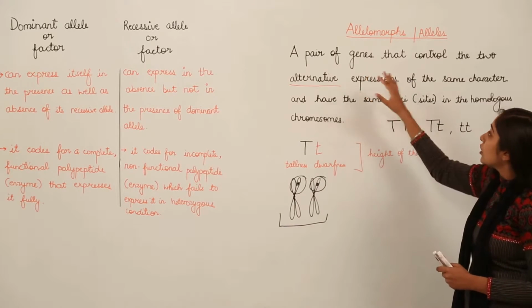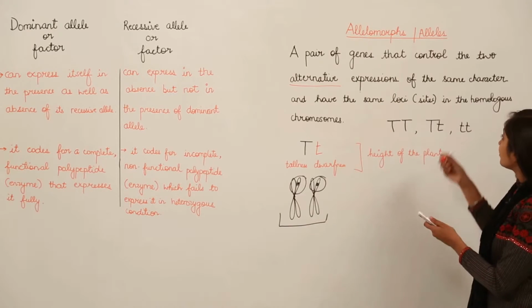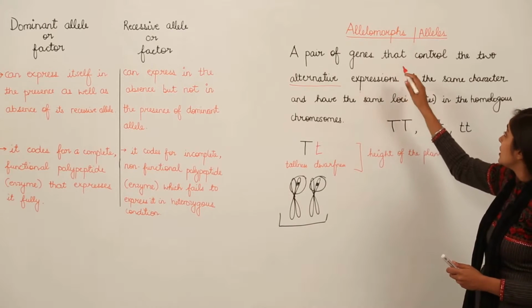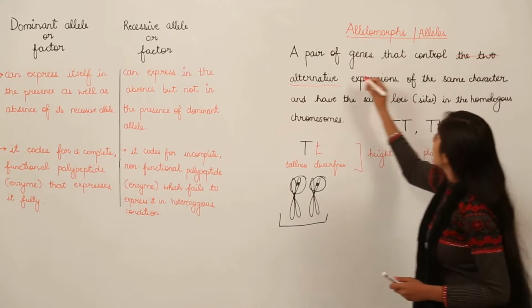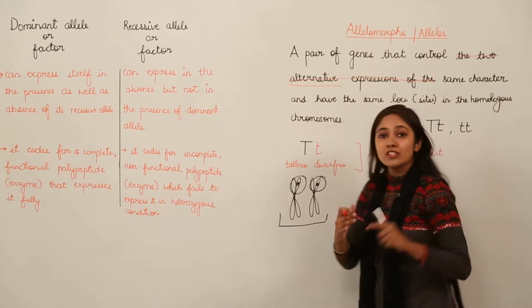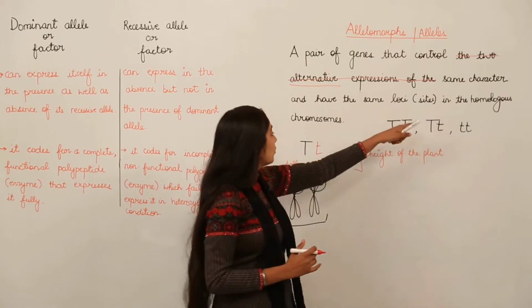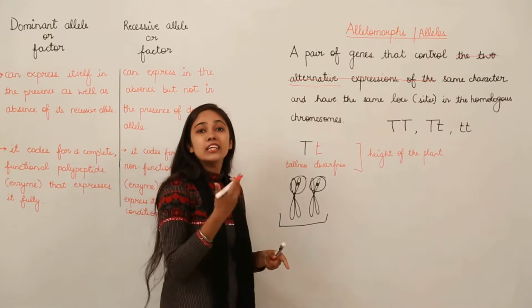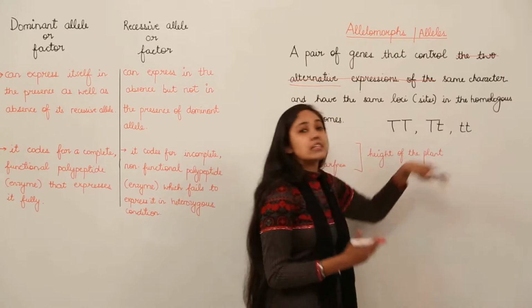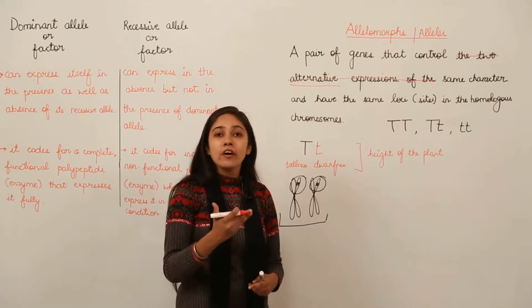Okay, so a pair of genes that control the two alternative expressions is not there. The pair of genes that control, you can say, the same character and have same loci in the homologous chromosomes are known as allelomorphs or alleles. So these pairs are also considered as allelomorphs or alleles.